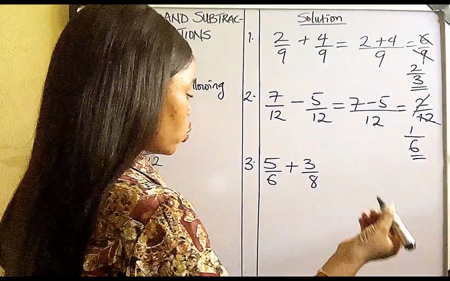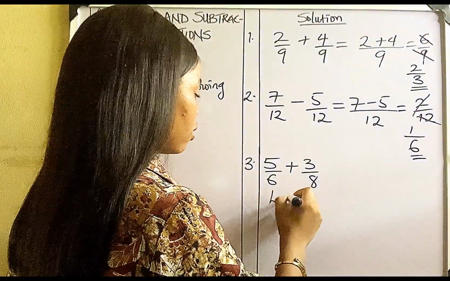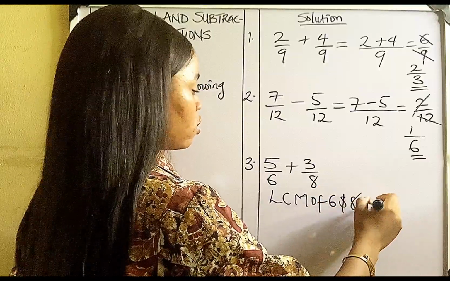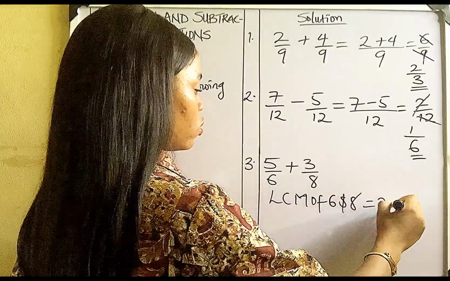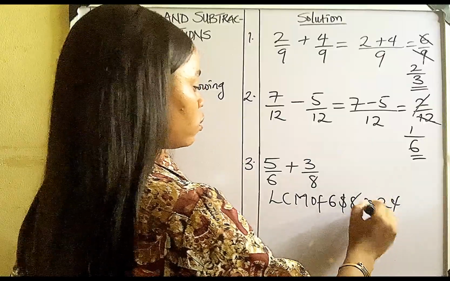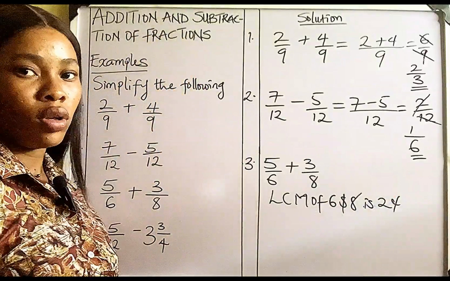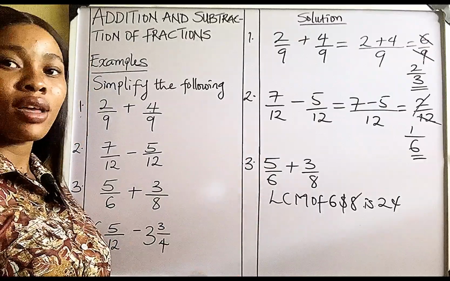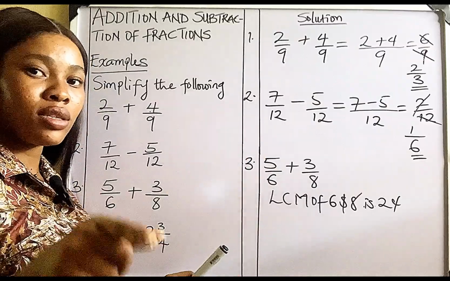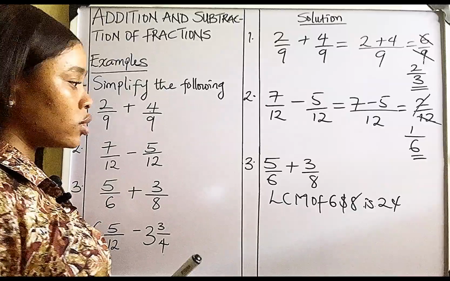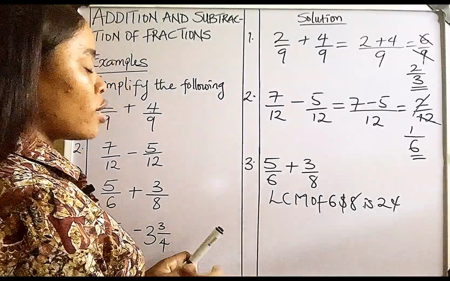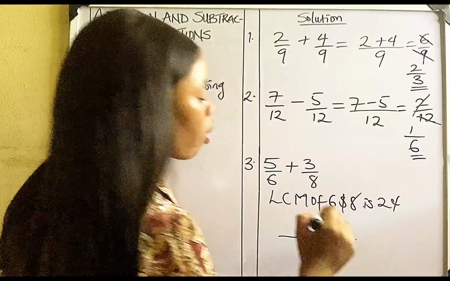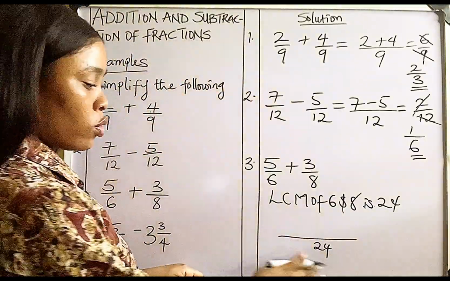That number is 24. So the LCM of 6 and 8 equals 24. So 24 is our common denominator.